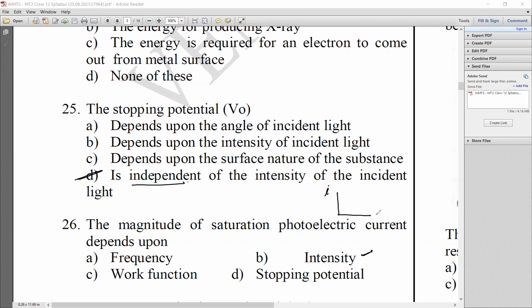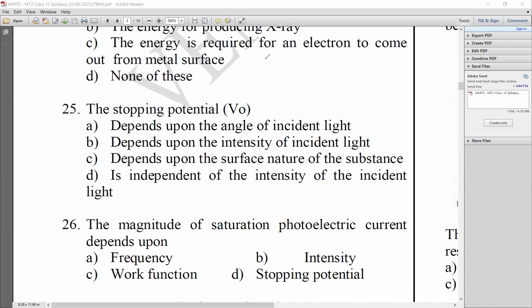Photoelectric current is I, this is V. Saturation current is somewhat like this for intensity I. If I increase the intensity, saturation current will also increase, so it depends on intensity. Here I2 is greater than I. Okay, this is question number 26.